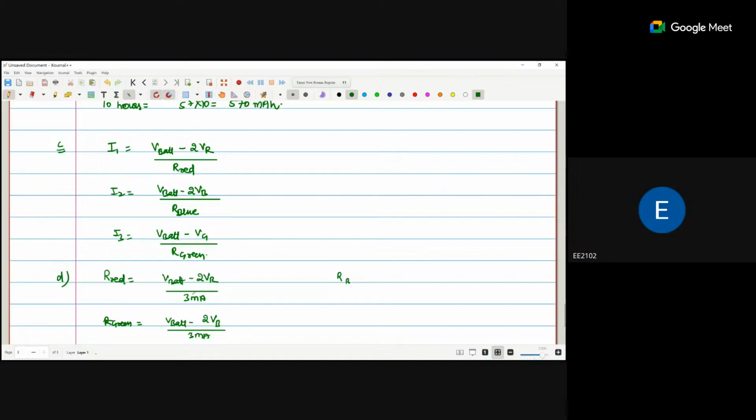And R blue is V battery minus Vg divided by 3 milliampere. In this case, V battery is 4.5 volt. So this is the second question.